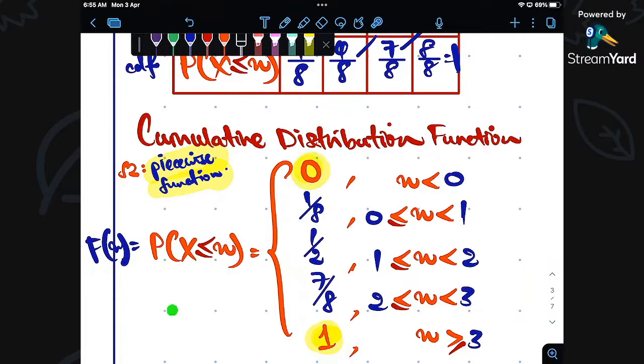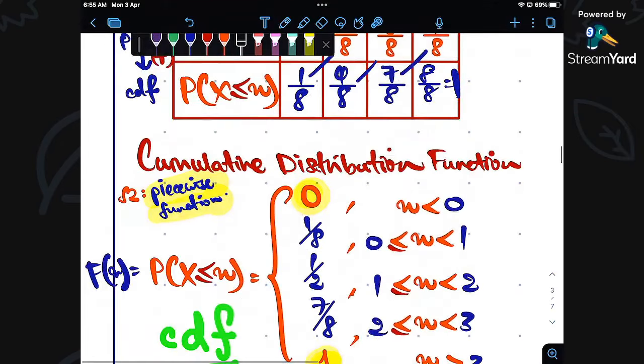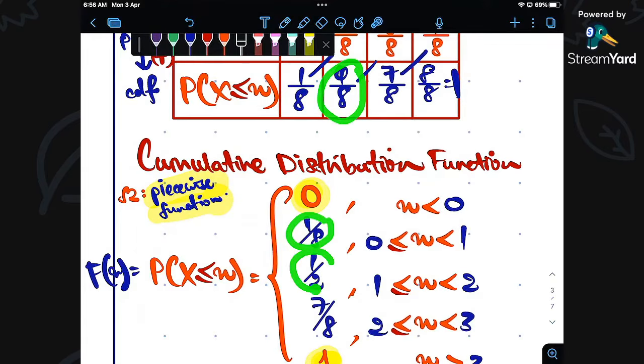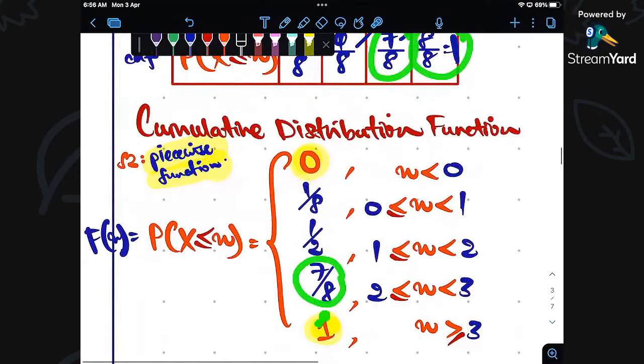And so that's why we need to find the data of CDF from this table here. We already found it, which starts from 1/8 here, and then the next probability is 4/8, or you can write down 1/2 instead. Okay, and then next one you should write down 7/8, and then the last probability is 1.